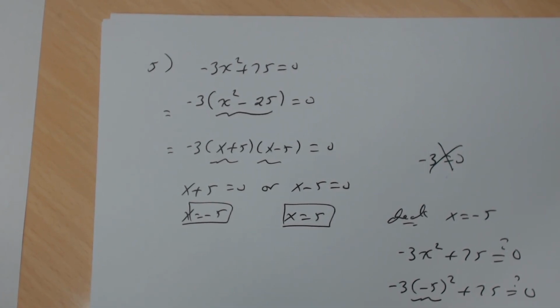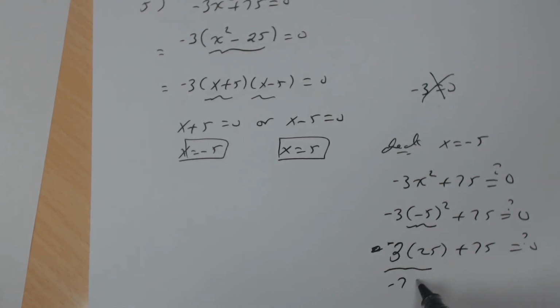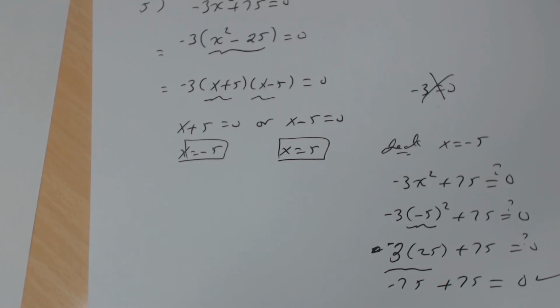Negative 3 times 25 plus 75, is that equal to 0? Negative 3 times 25 is a negative 75, and negative 75 plus its opposite is equal to 0. Okay? All right, so we're going to stop at this one, and then we'll do some more in the next lesson.